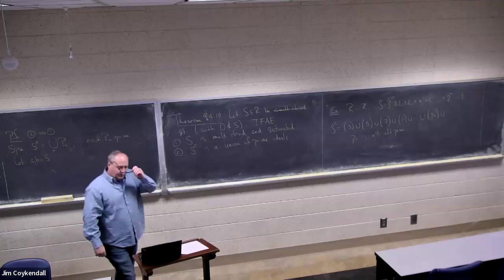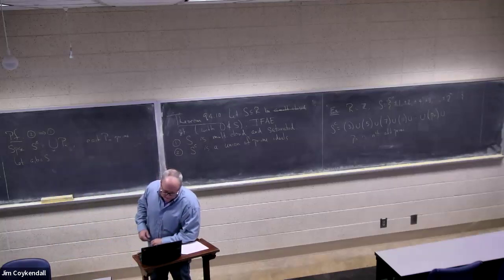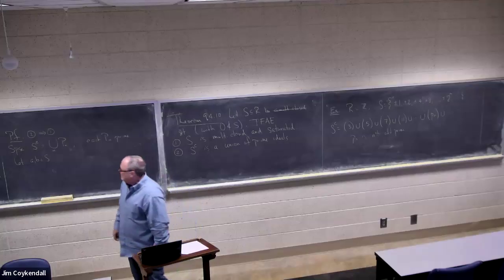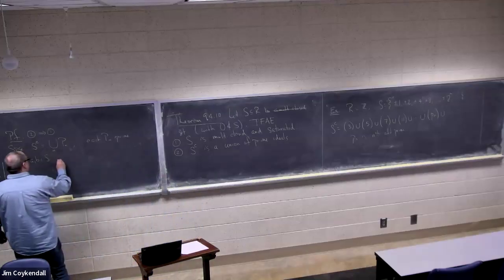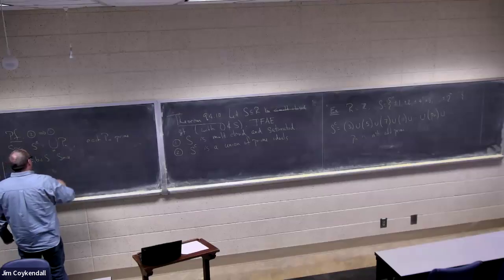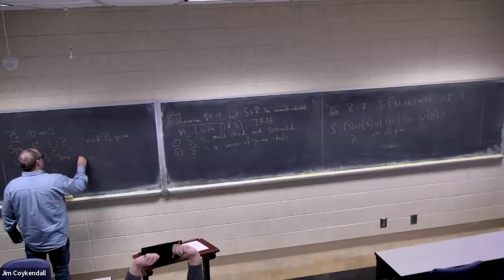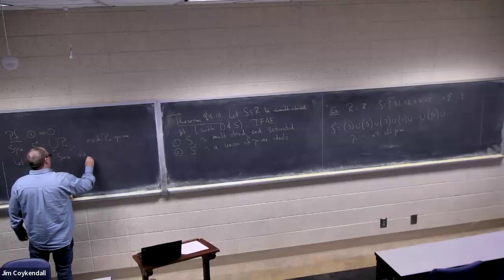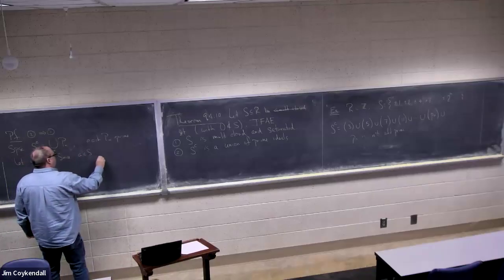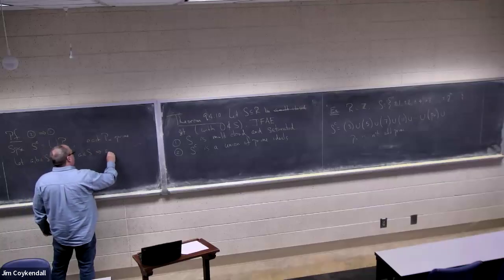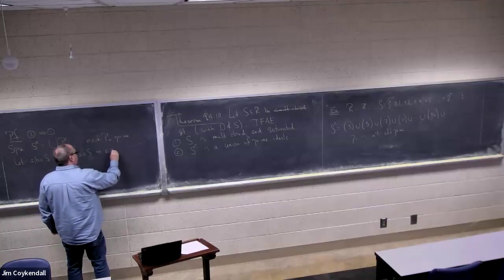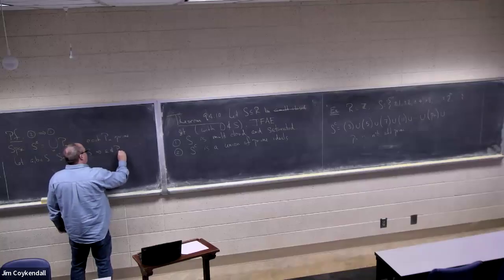So our goal is to show that if A and B are in S, then A times B is in S. A is in S. This implies that A is not in the union of the P alpha.